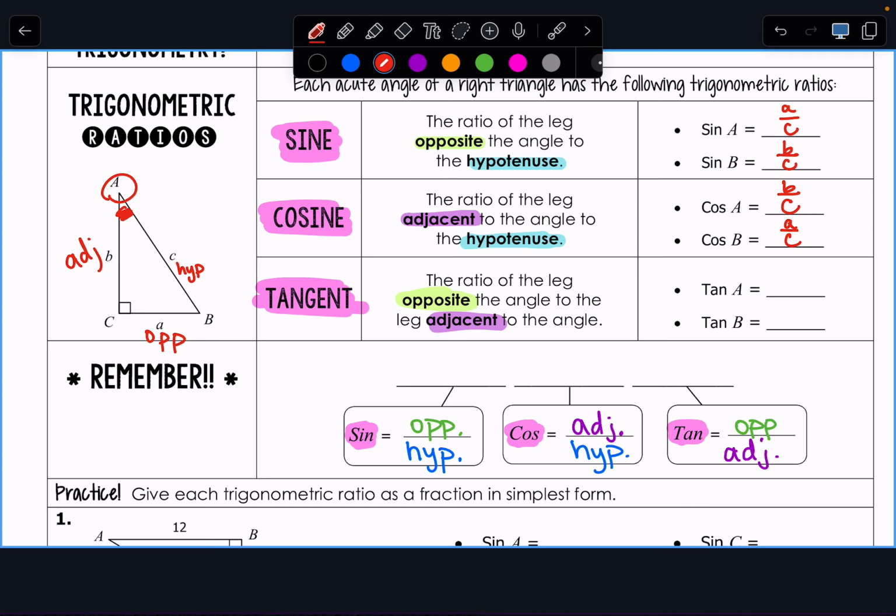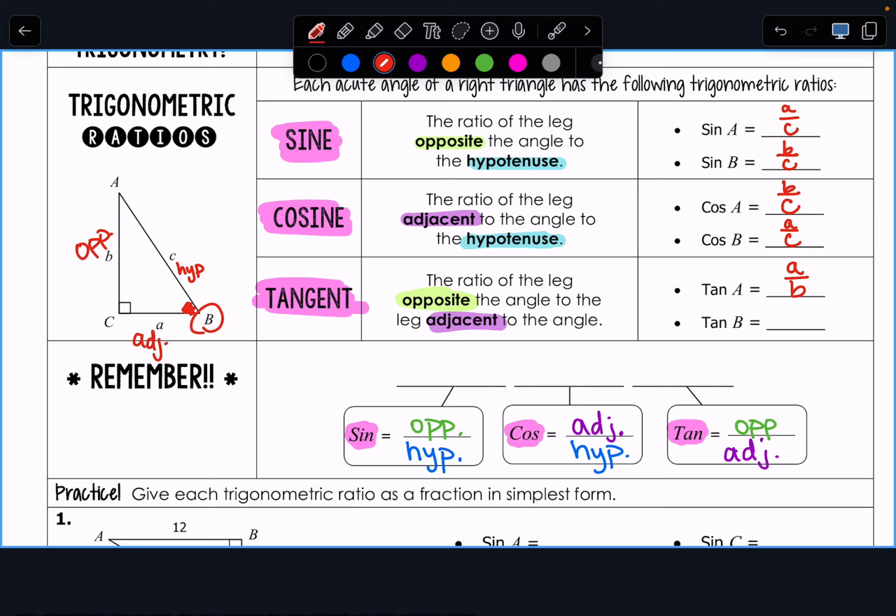So our tangent ratio for angle A would be side A over side B because we're talking about opposite over adjacent. If I'm looking at angle B, A is our adjacent side and B is our opposite side. So the tangent of B would be B over A.